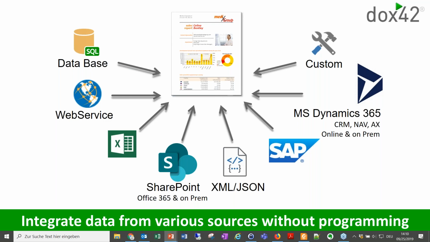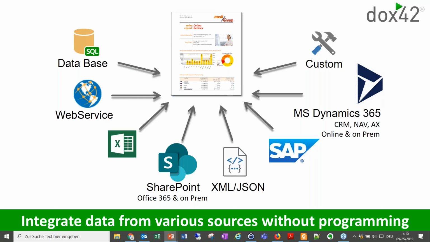We have connections to CRM, NAV, AX, and the same thing in the cloud. So Dynamics 365 for sales, Business Central, and finance and operations. And in addition to that, also SAP, SharePoint, of course, Office 365 and SharePoint on-prem, Excel web services, databases, and you can mix data.